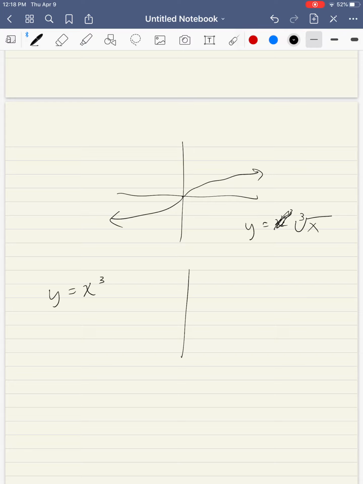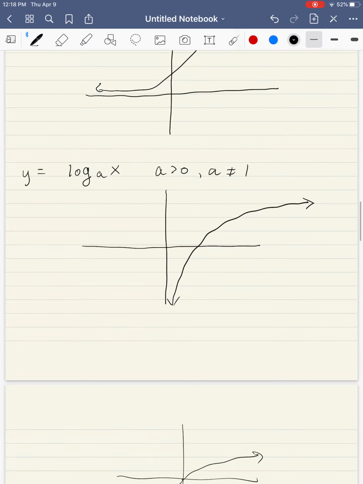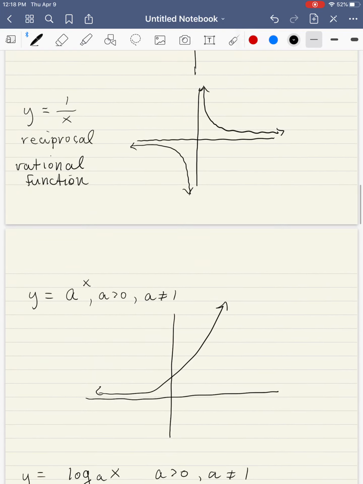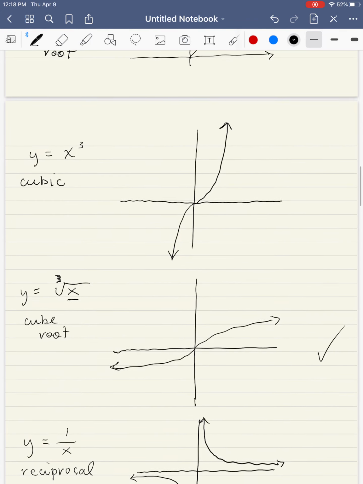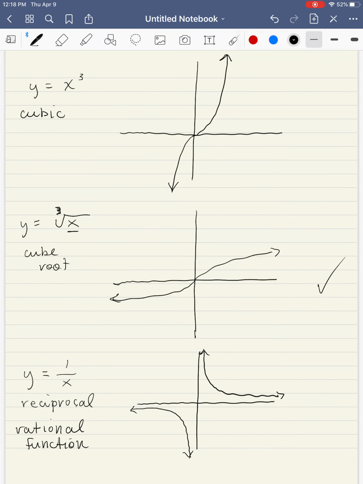If I gave you y equals x cubed, you would know immediately that its graph has this shape, and so on. So spend some time looking at the graphs, maybe recreating them from memory, because we're going to use those basic shapes in our next lesson, which is transformations: moving those shapes left and right, up and down, reflecting them, and stretching and shrinking them.